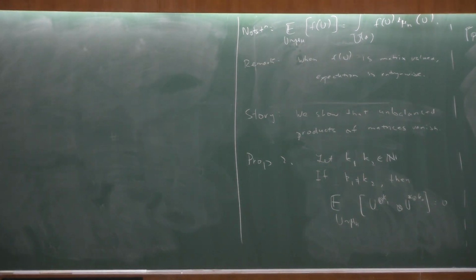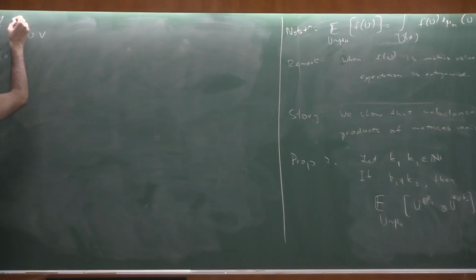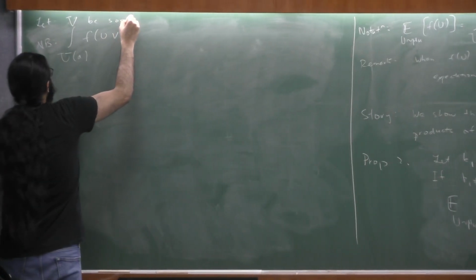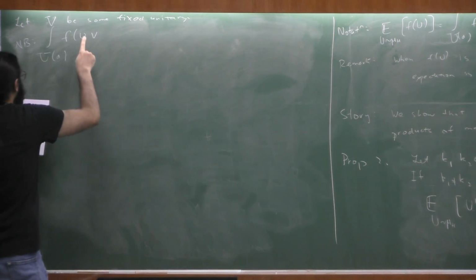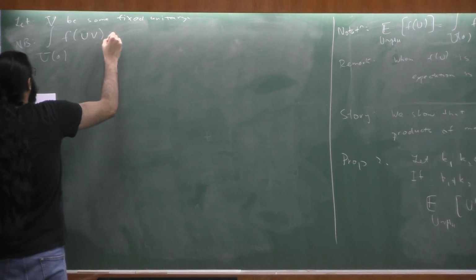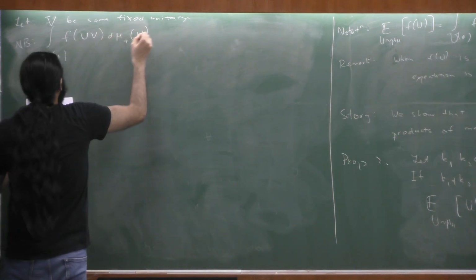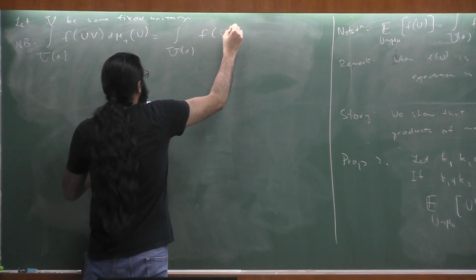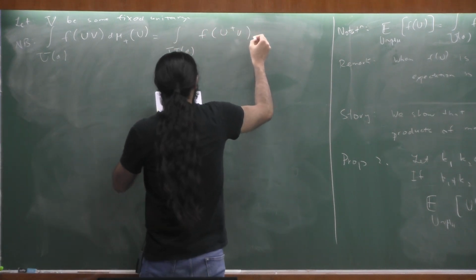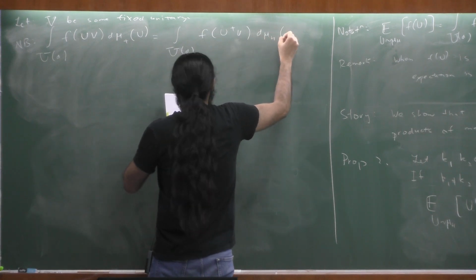Alright, so let's start then the proof. So integrate over u of f u v, oh sorry. So suppose that v is some fixed unitary. Okay, and then the integral of f u v d mu dagger u is the same as the integral over u of f u dagger v d mu h u.